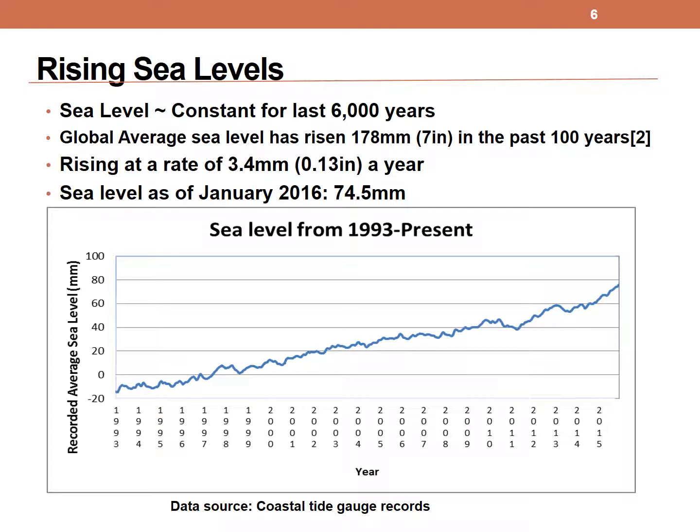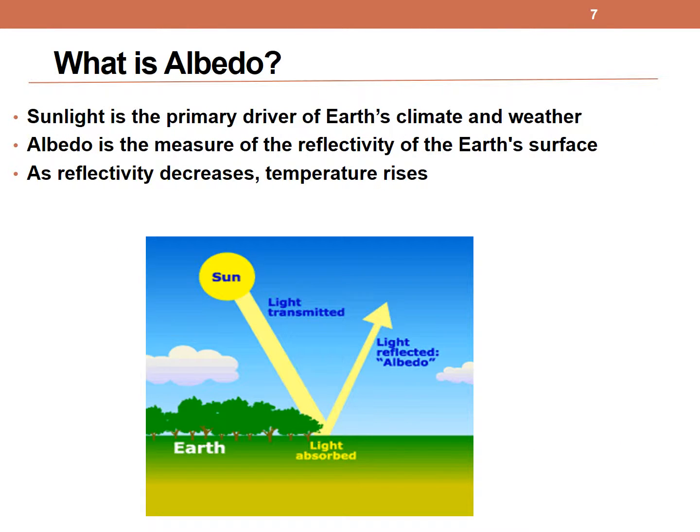So we are referring to albedo modification, but it's important to understand what albedo really is. Sunlight is the primary driver of Earth's climate and weather, and albedo is the measure of the reflectivity of the Earth's surface. As the reflectivity decreases, the temperature then increases.